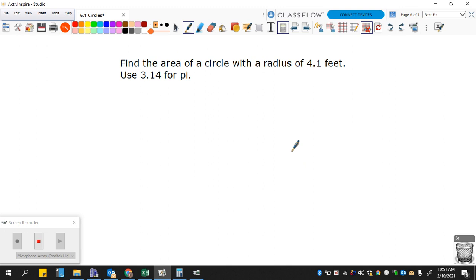Okay, it says find the area of a circle with a radius of 4.1 feet. Use 3.14 for pi. So area is equal to pi times the radius squared, which is 3.14 times 4.1 squared.